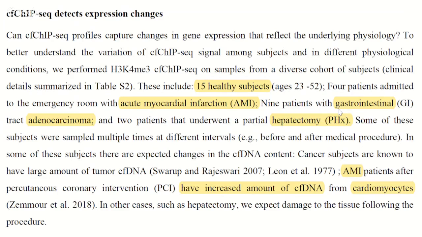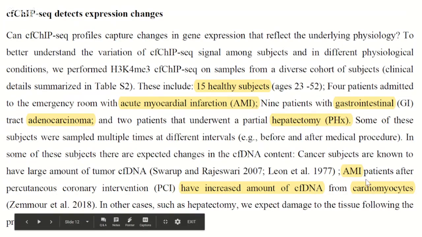They also looked at people with stomach cancer, gastrointestinal cancer, and people with partial hepatectomy, people that got a serious lesion to their liver. And so the rationale goes, all these are potential cases where there is shedding of DNA that doesn't come from the normal places, right?